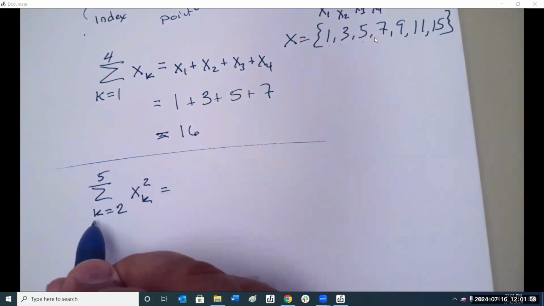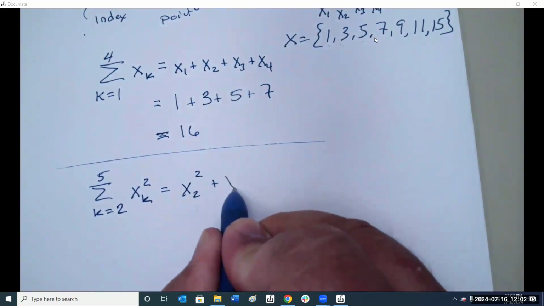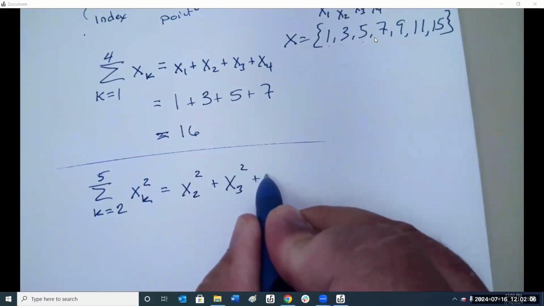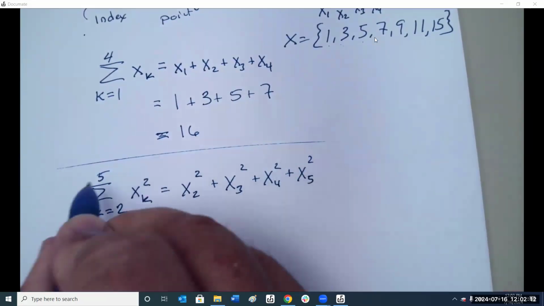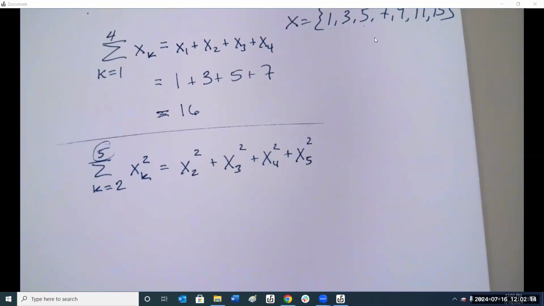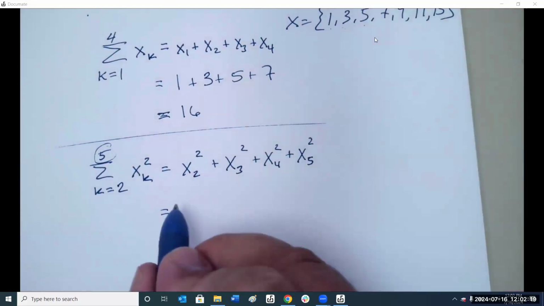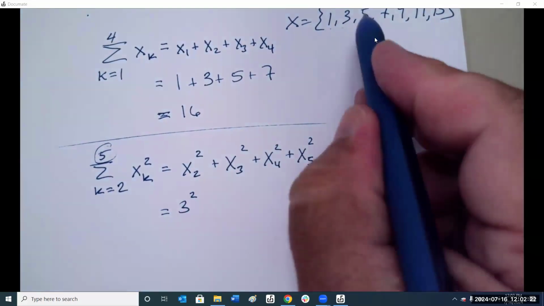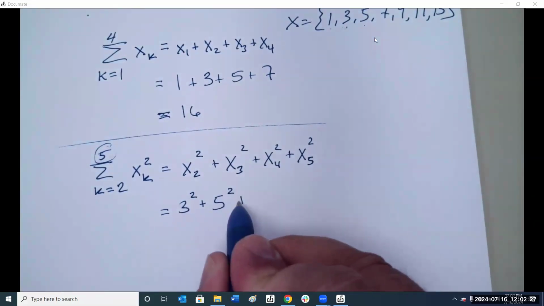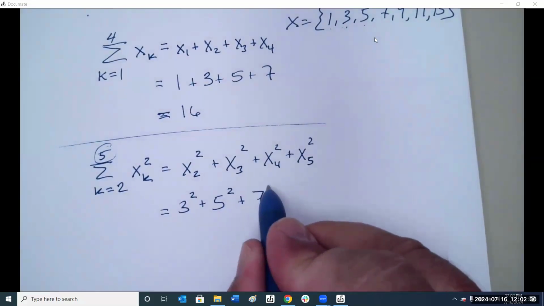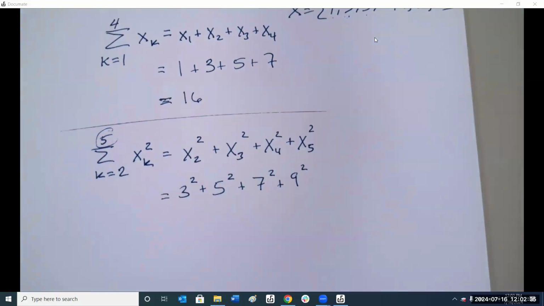So what this says, I start off with 2, so it's x sub 2 squared, x sub 3 squared, x sub 4 squared, x sub 5 squared, and I stop at 5 when k is 5. So x sub 2 is 3, I square it. X sub 3 is 5, I square it. X sub 4 is 7, I square it. And x sub 5 is 9, and I square it.